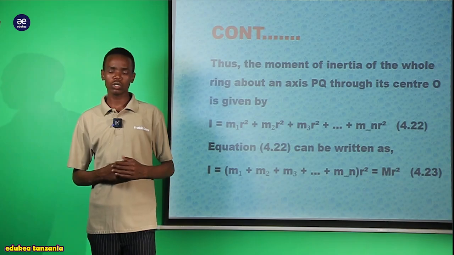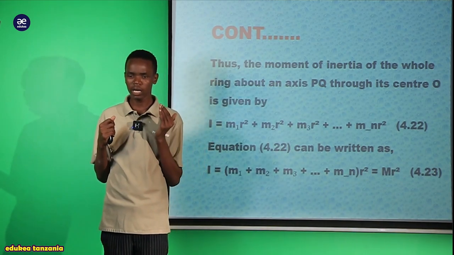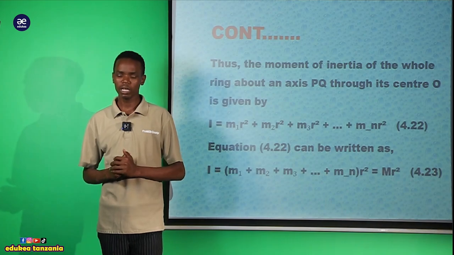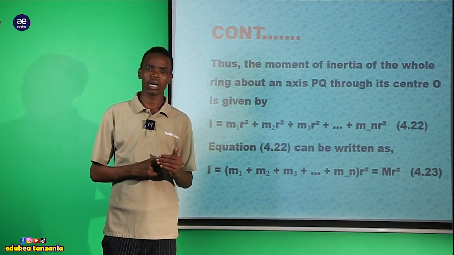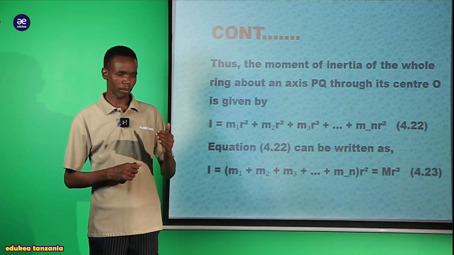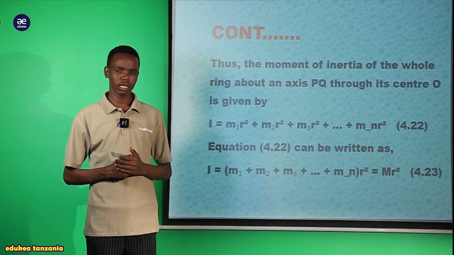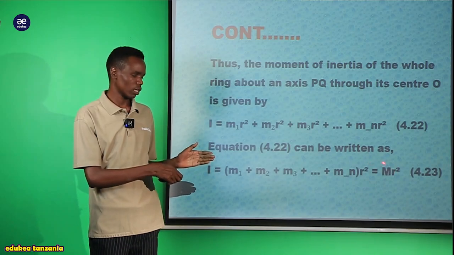Now finally we should say that the moment of inertia for the whole uniform ring must be equal to the individual masses times the distance square. The individual masses are represented by the symbol m as we try to observe.